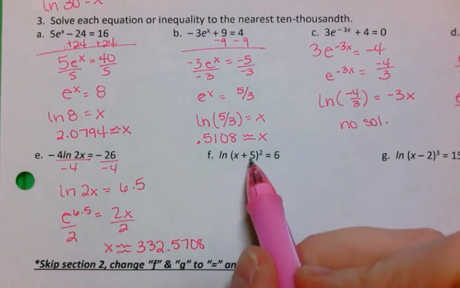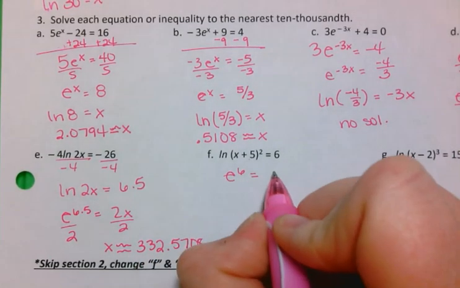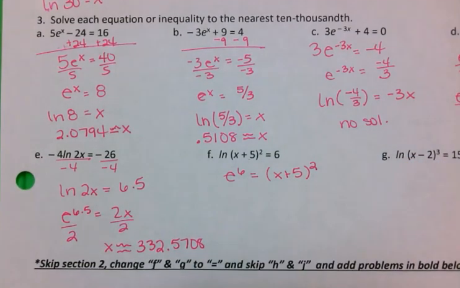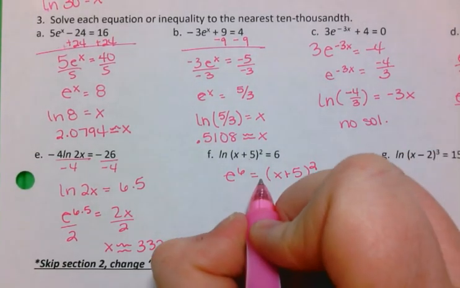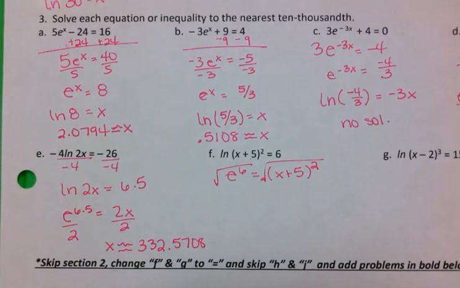Alright, on this one here, e to the 6 equals (x plus 5) squared. Technically, since I'm going to add the square root in, it's plus and minus. You just got to be careful with what your answers are going to be. So, second square root, second e to the 6, which I really don't have to do because that's e cubed.